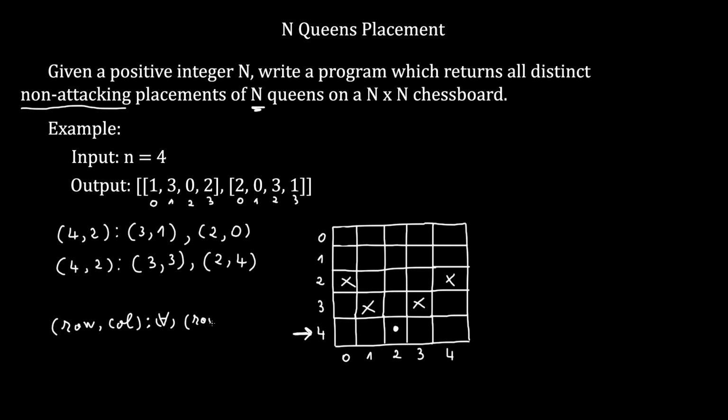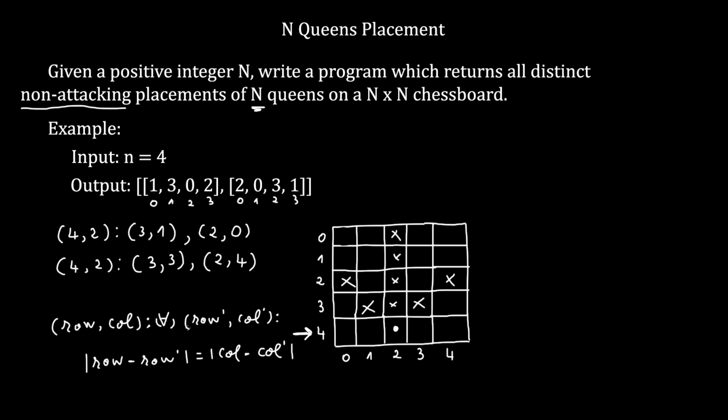Which is, let's say, row prime, col prime, such that the absolute difference between row minus row prime is equal to the absolute difference between col and col prime. And this is the relation we need to check in order to see if some of the cells that we previously placed are attacked by this one on diagonal. Also, I need to check if they are attacked on the column, right?